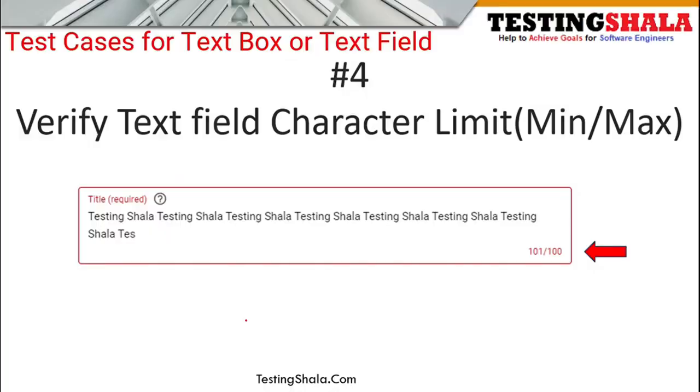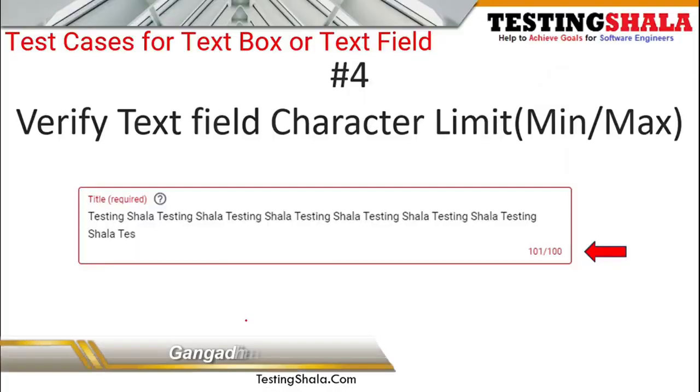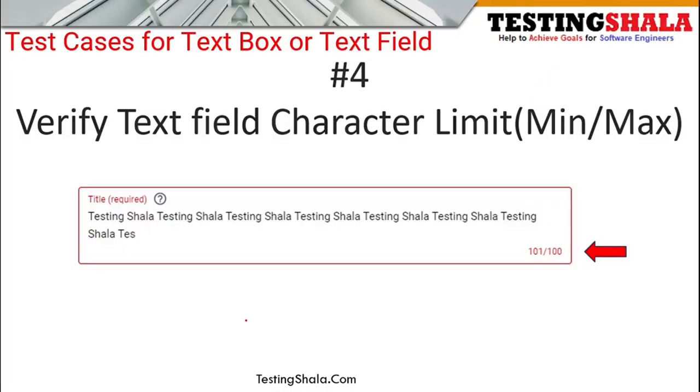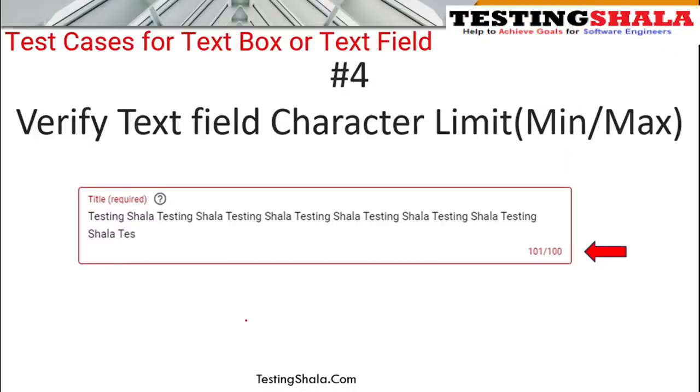How many characters it can take, the minimum set of characters and the maximum set of characters, we should validate. As per your requirement, you should validate both minimum and maximum requirements just to ensure that the text field is in line with the requirement for a given minimum and maximum character limit for this field.